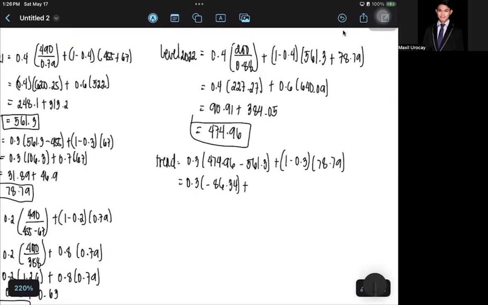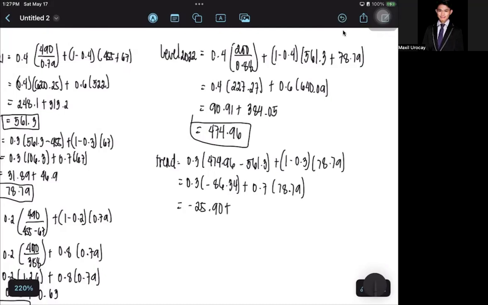And then plus 0.7 times 78.79. And that is 0.3 times negative 86.34, that will become negative 25.90.